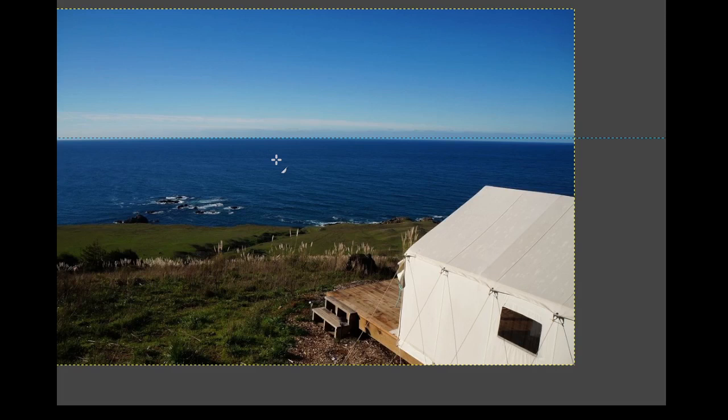This is just because we're looking through a wide angle lens. So this has indeed distorted reality to a certain extent.